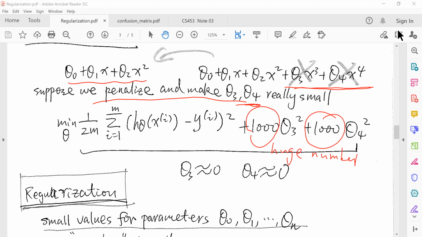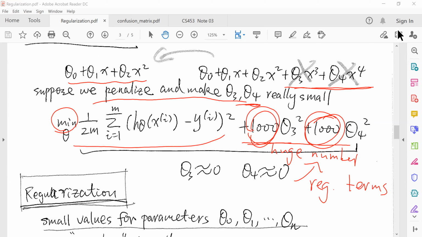Because your goal is to minimize the cost, if you add a big number here, it will shift the focus to these regularization terms instead of the real cost part.